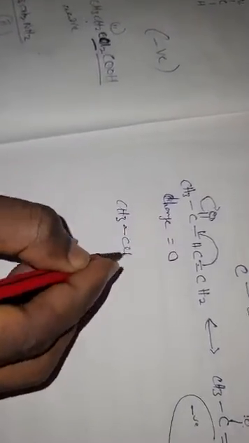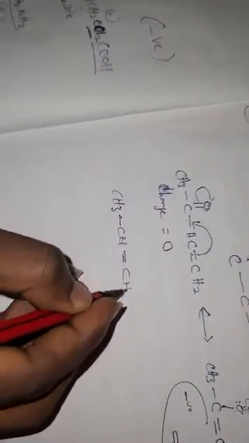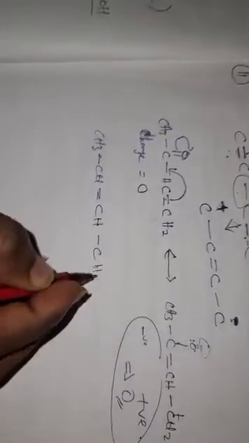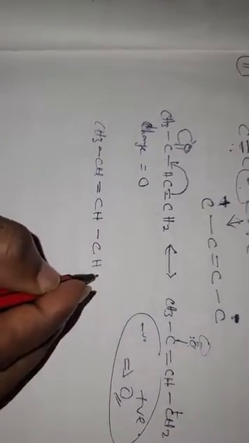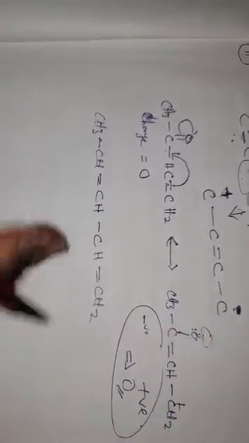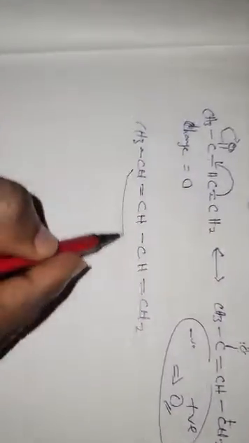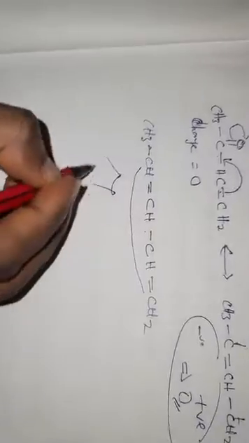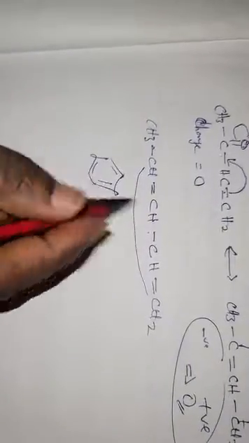So these are examples of conjugation. You can see this single bond is directly between them. Another example is benzene. All the bonds are conjugated.